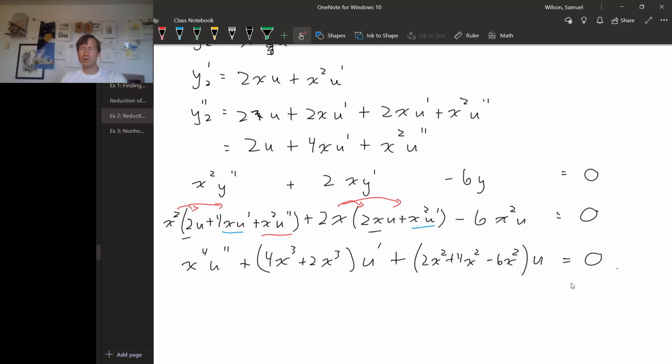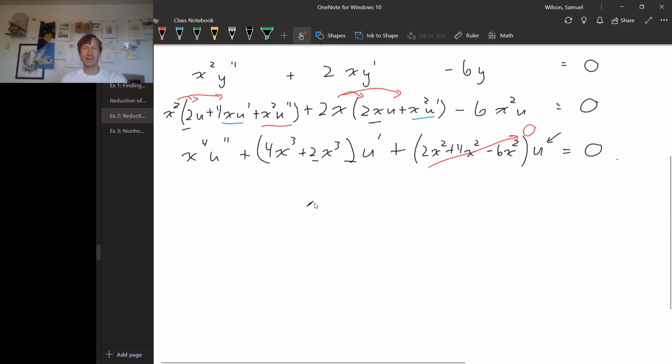When we worked out reduction of order for the general case, we saw that this term with u should cancel, and we see here that it does. All of this stuff in parentheses adds up to 0. This is a nice little check. If you're working out reduction of order and your u term doesn't go to 0, you made a mistake, and you should back up and fix it.